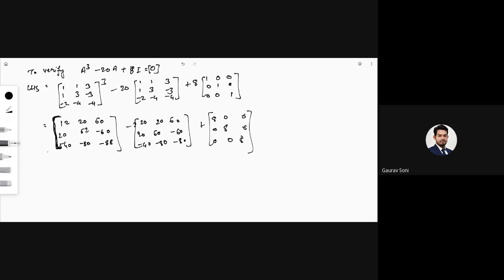So adding this, you should get 0, or else there is nothing to verify. Okay, simple plus and minus, you can do it. Now, the real question is finding out A inverse.